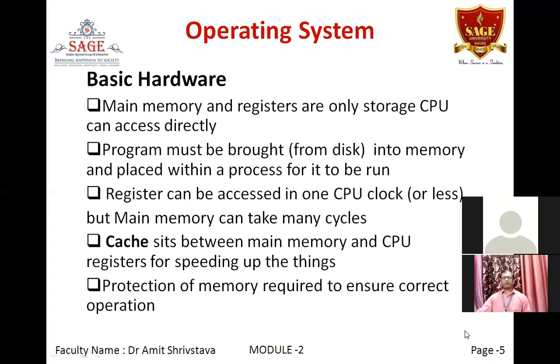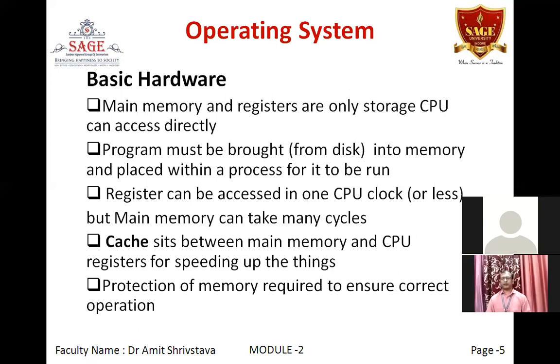So the basic hardware which is involved here is the main memory and the registers, and they are the only storage which can be accessed directly by the CPU. Program must be brought from the hard disk into the memory and placed within a process for it to be run. Registers are the fastest memory in our computer system, and they can be accessed in one CPU clock cycle.